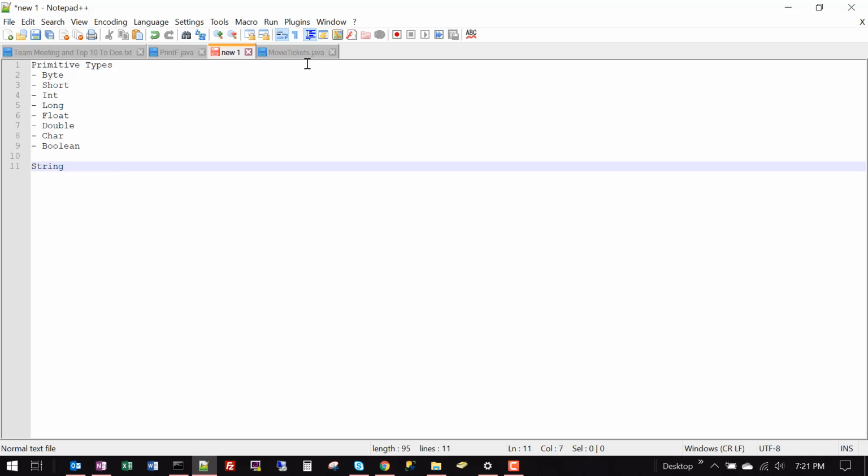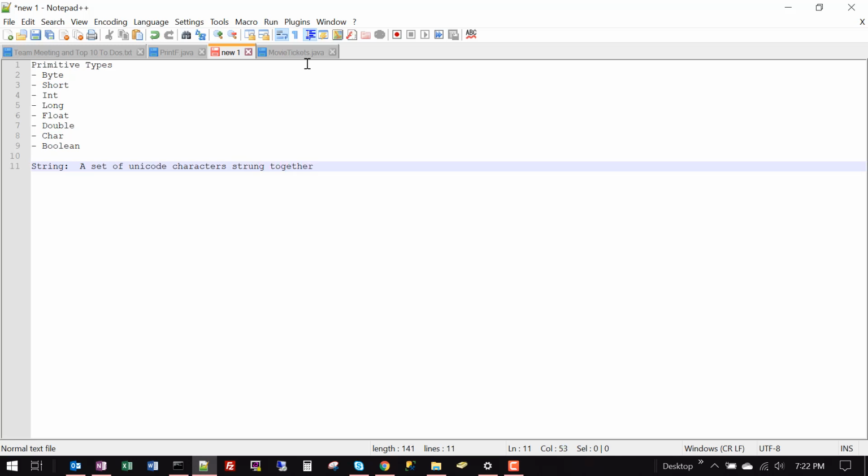A string, more formally defined than we've talked about it previously, is a set of Unicode characters strung together.